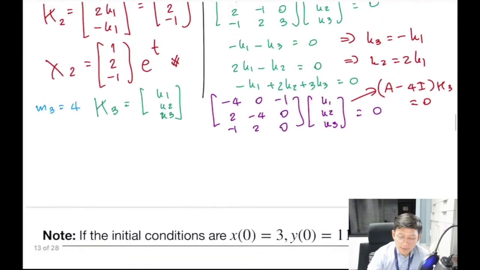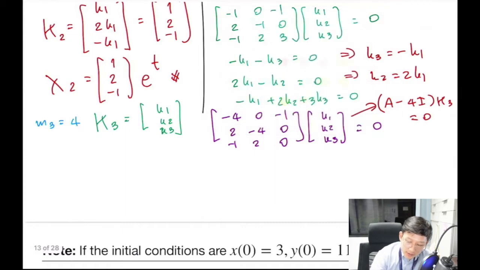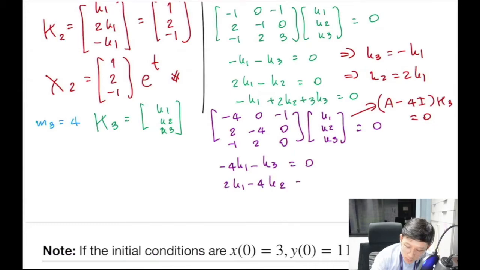Okay, after that, you get the system of linear equations. So we have minus 4k1 minus k3, 2k1 equals 0, 2k1 minus 4k2 equals 0, and then we get minus k1 plus 2k2 equals 0.